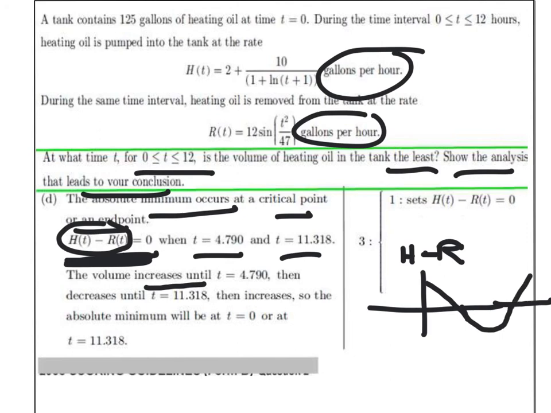So when this function is positive, your heating oil is going up, because more is coming in than going out. So these are things that you'll have to kind of analyze when you go through a problem like that.